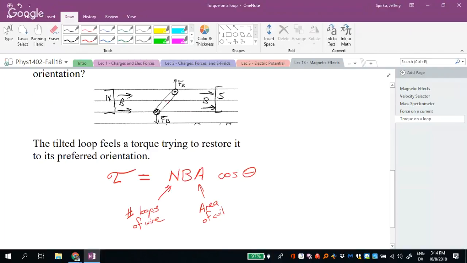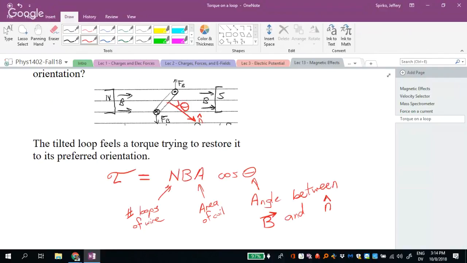And theta is measured like this. It's the angle between the magnetic field and this vector I've labeled n hat.